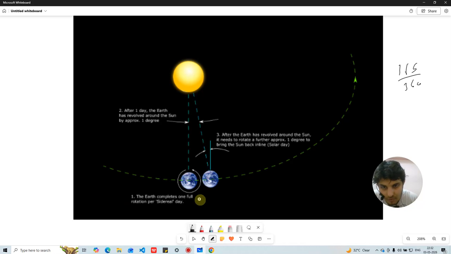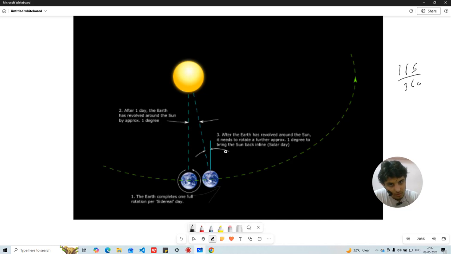Okay, the earth completes one full rotation per sidereal day. Okay, one full rotation of earth is in a sidereal day, it's not in a solar day. After the earth has revolved around the sun, it needs to rotate a further approx 1 degree to bring it back to sun in line.